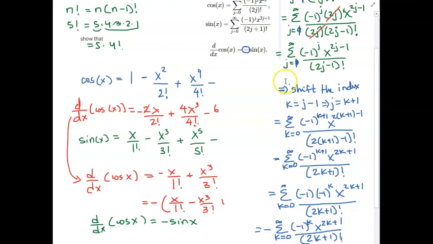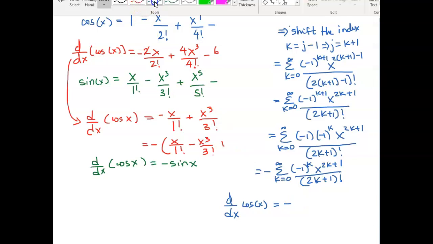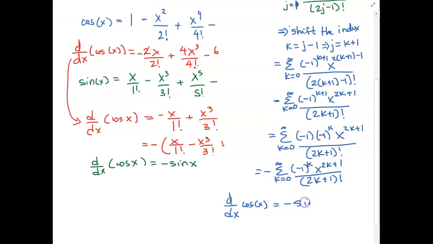And if we look at our definitions, you can see that that summation exactly fits what sine is. So that means the derivative of cosine of x is equal to negative sine of x. Okay, there we go.